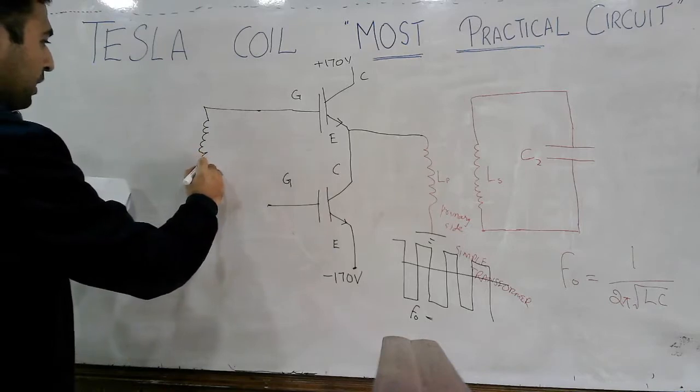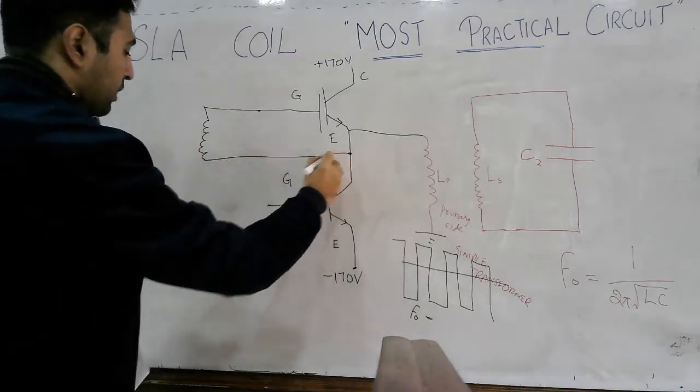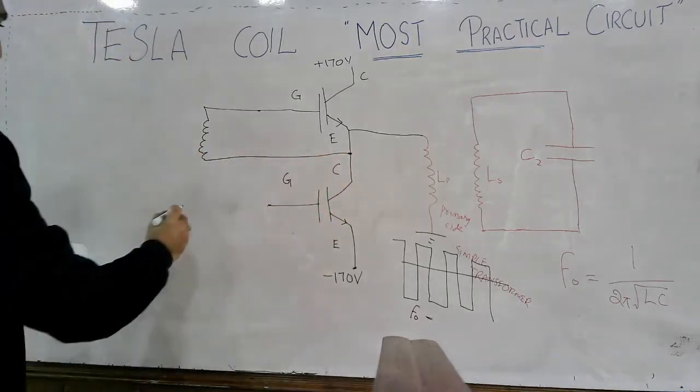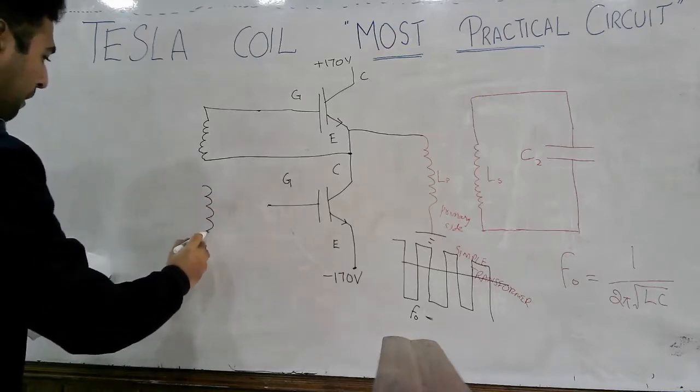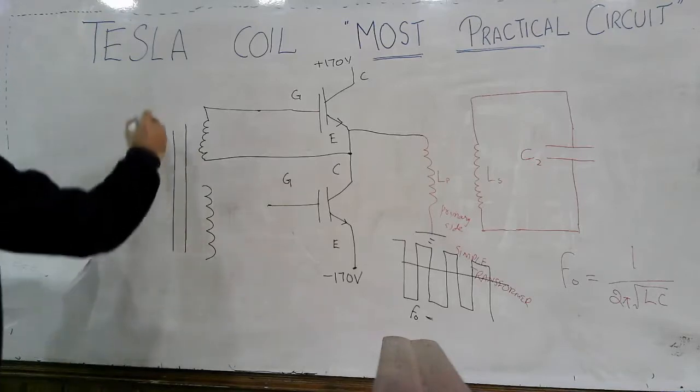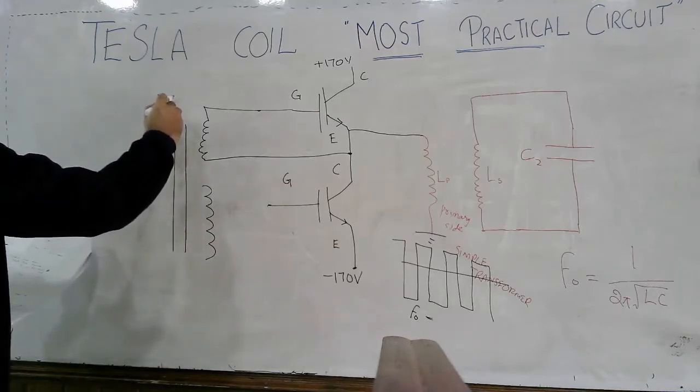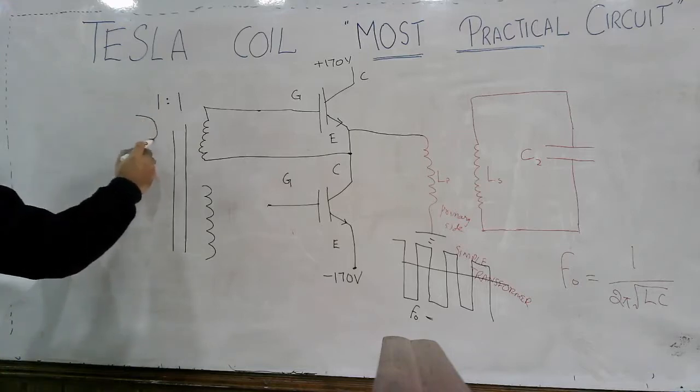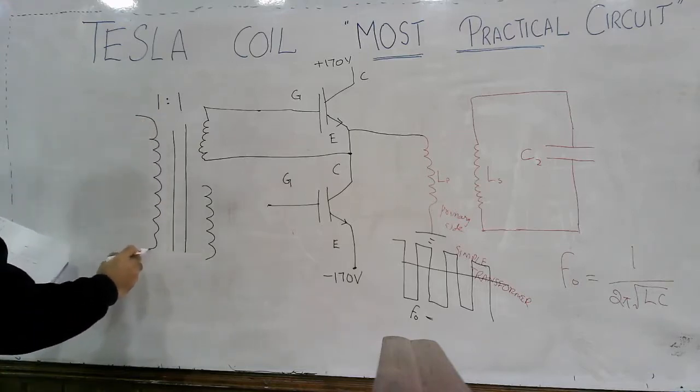1:1 transformer here. This type of transformer we are going to use, and here you have the proper iron core 1:1 transformer, and here you have the primary winding.